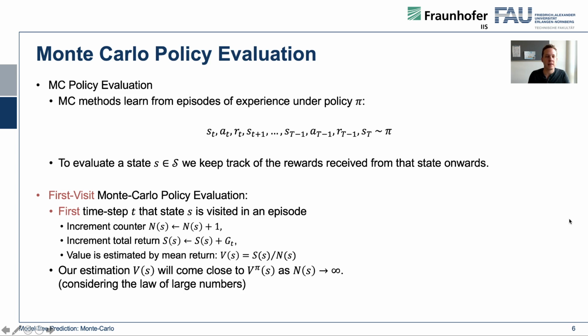So the question arises: how can you actually be sure that you visit every state? And the answer is simple, although maybe not very satisfying, because we actually only evaluate a policy. And following a policy hence guarantees that we will see any state under this policy, which is not a problem.